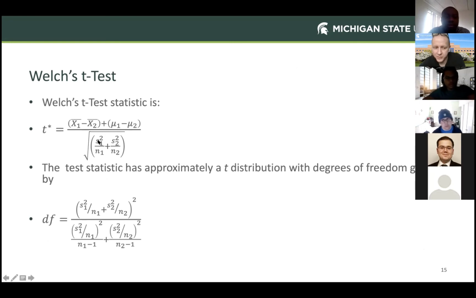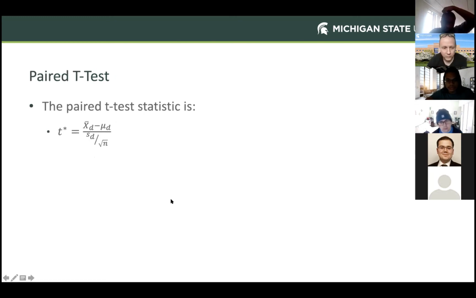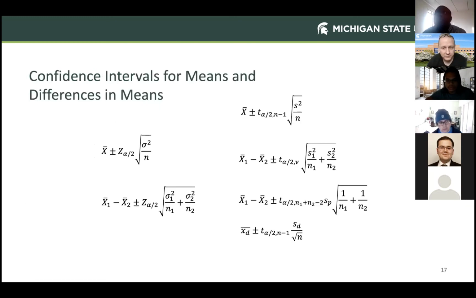So it's sigma if we're using a z-test because the variances are known to us. It's S if we're using the t-test because in that case our variances are unknown and we're estimating them using sample data. Does that make sense? Yep. Okay. All right. I think we were on 17.